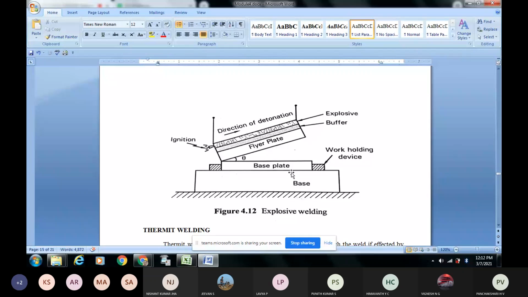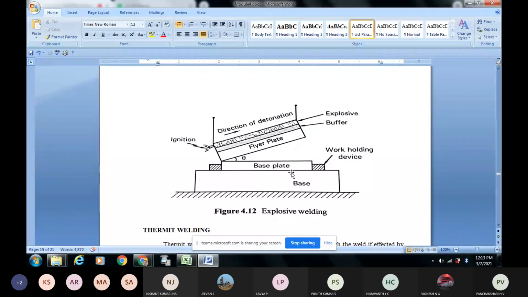Cladded means gluing type, adhesive type. So we have to paste another type of material, it may be copper or any other type. So two different materials are to be cladded. In that case, this method is available. It is called explosive welding.